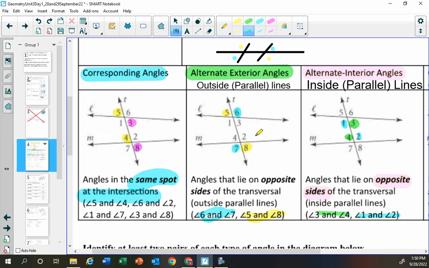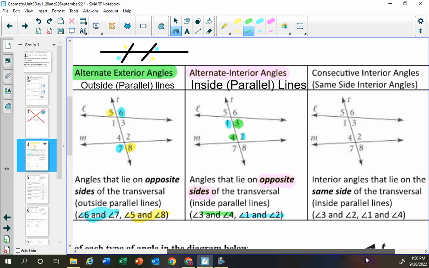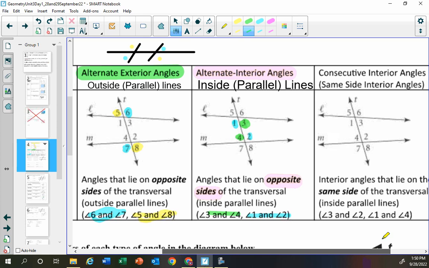Then the last one I want to talk about, this one's going to be huge. Now the consecutive interiors, unlike the alternate interiors, consecutive interiors, they're going to be same side. They're also going to be inside the parallel lines. So I'm going to highlight these examples.